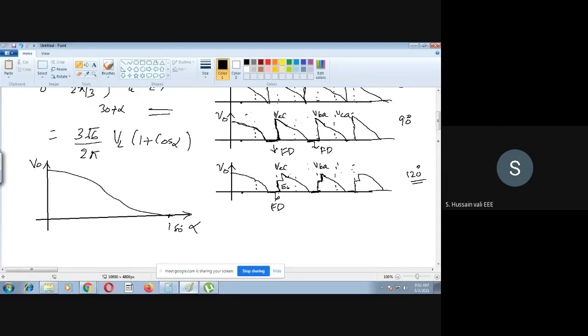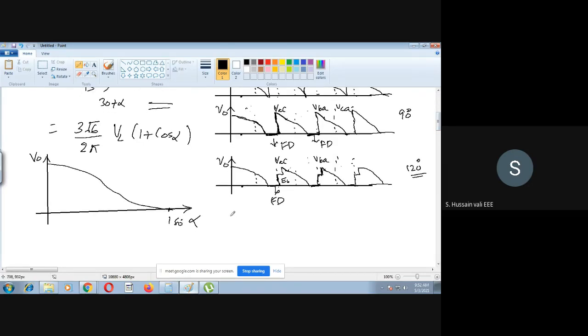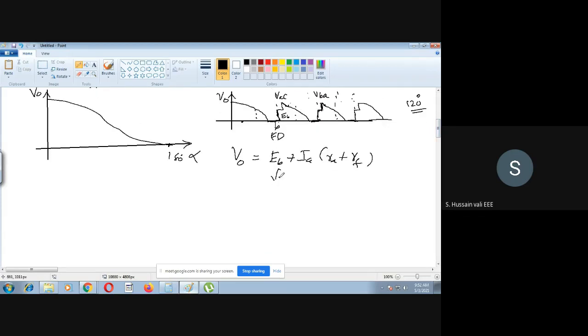Similarly, you can find out the relationship between torque and speed. We have the equation V naught is equal to EB plus IA into RA plus RF this time. And what is EB in case of your DC series motor? Just recall: K1 N plus K2 N phi.